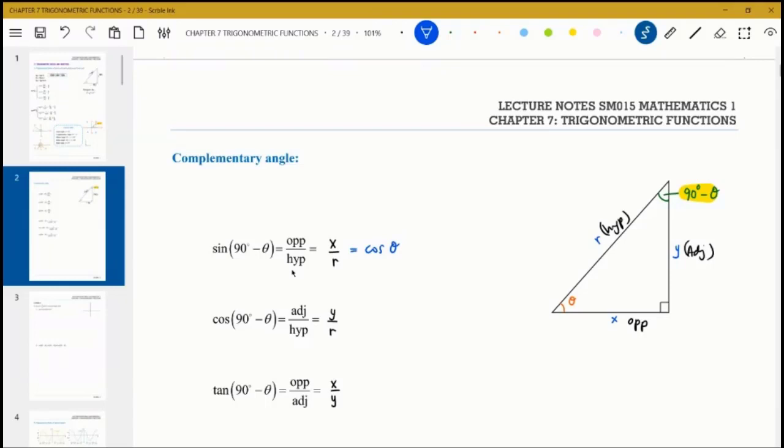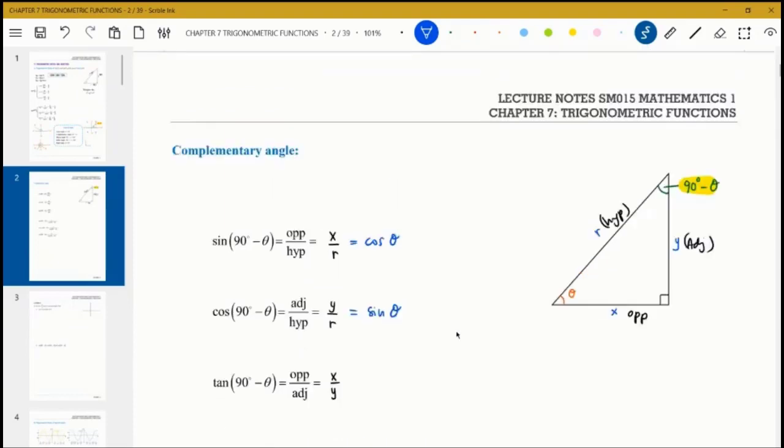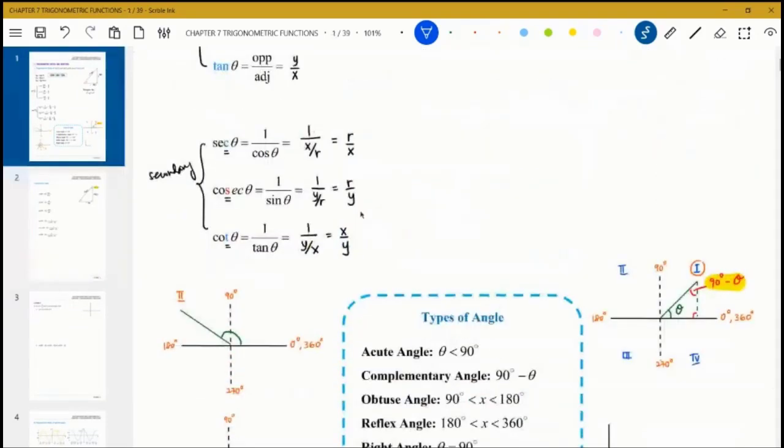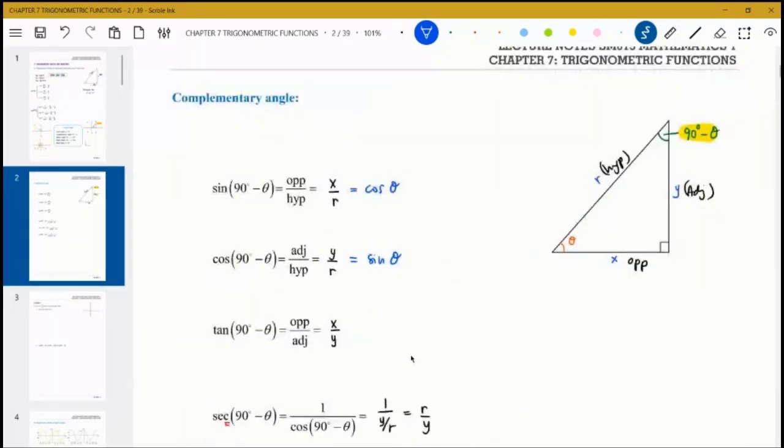Okay, and then cos 90 minus theta sama dengan sin theta. Tangent 90 minus theta, dia adalah x over y. So kita tengok balik x over y, which is pada nilai cotangent theta. So it's going to be equal to cotangent theta.